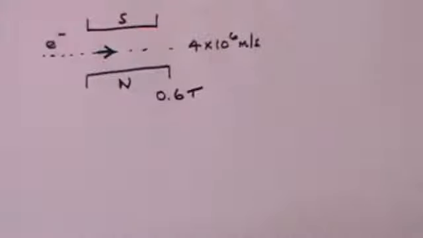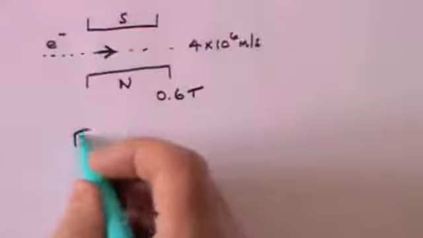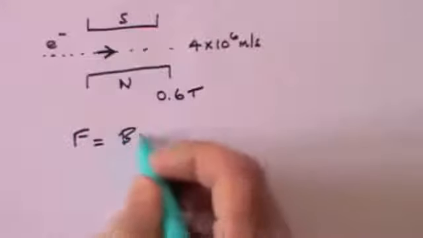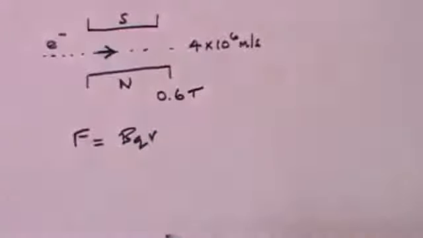Question 2. A beam of electrons is travelling to the right at 4 times 10 to the 6 metres per second, and it travels through a magnetic field and perpendicular to it of 0.6 Tesla. What is the force on the electrons? Here we're going to need the formula that force is equal to BQV, where B is the magnetic field, Q is the charge, and V is the velocity.